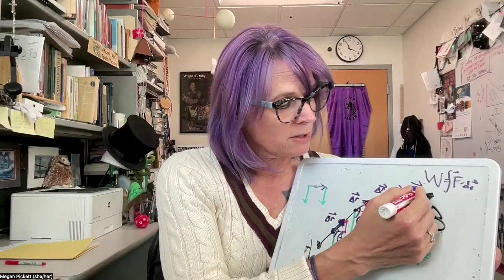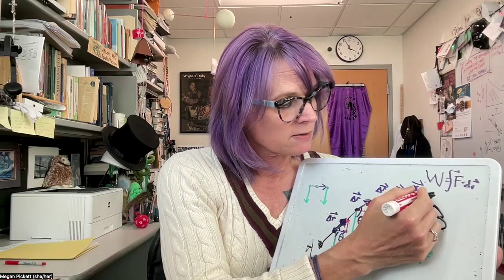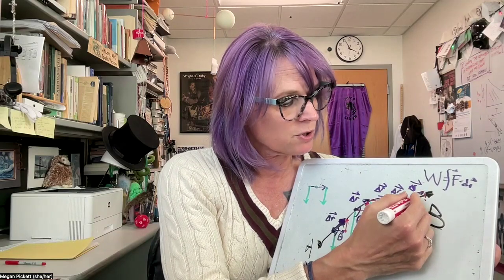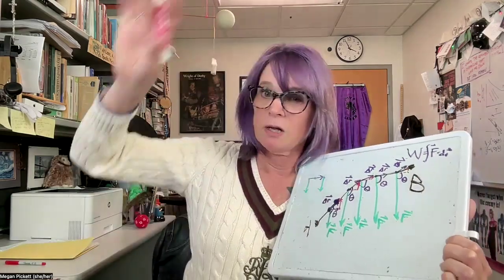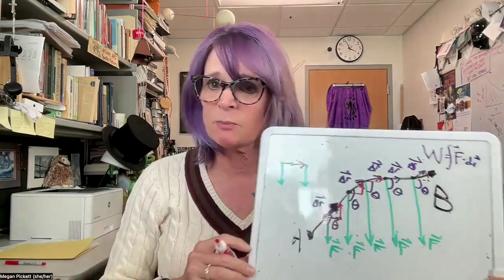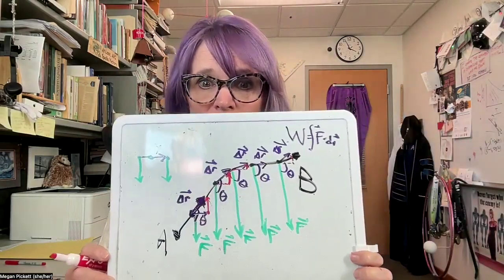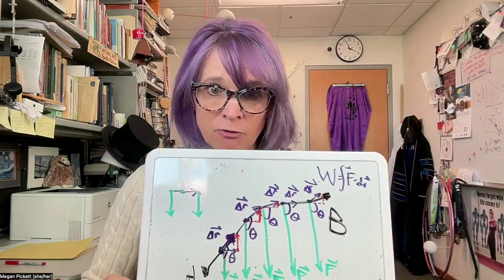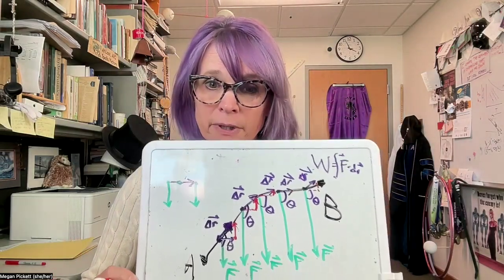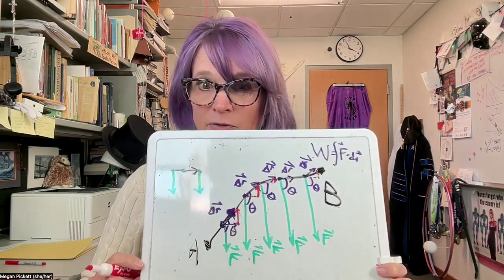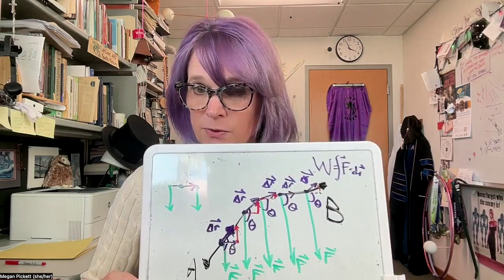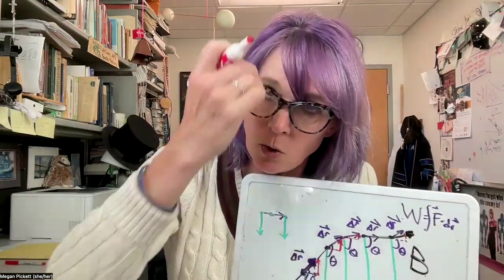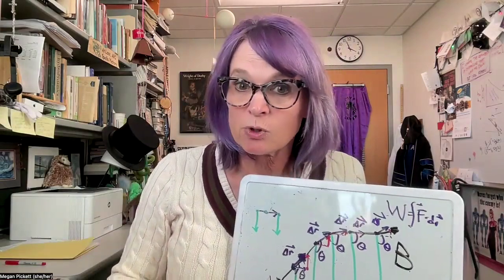By the time we get up to here, there's a little bit of repetition because we're going more than 90 degrees, but it's the same thing in terms of only picking out the piece of your journey that is in the same direction of the force or in the opposite direction. Now, if it's in the same direction of the force, it means that something is pushing you while you're walking, which means you're going to speed up.